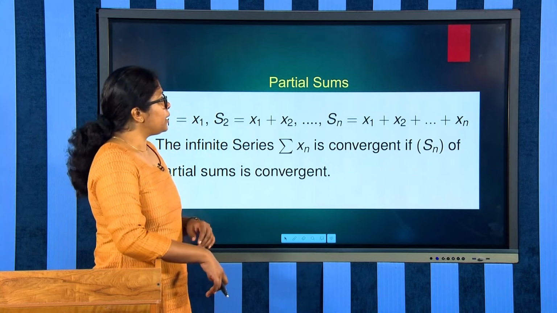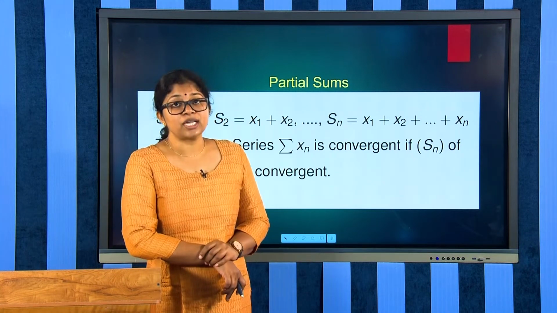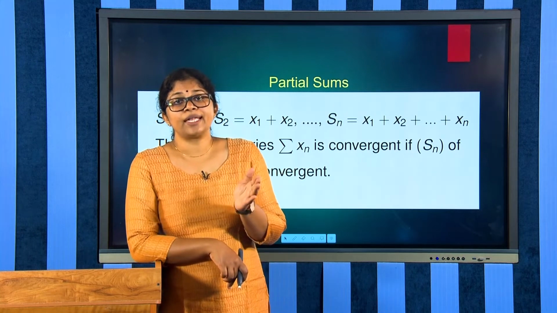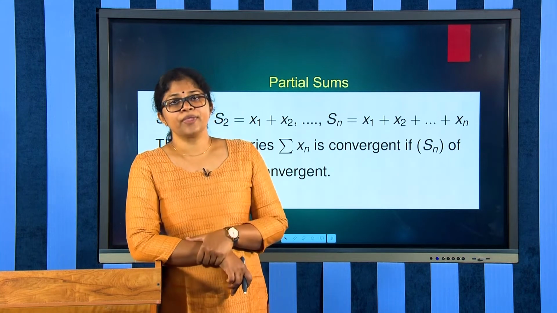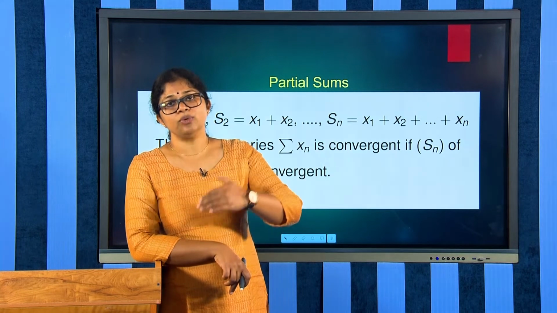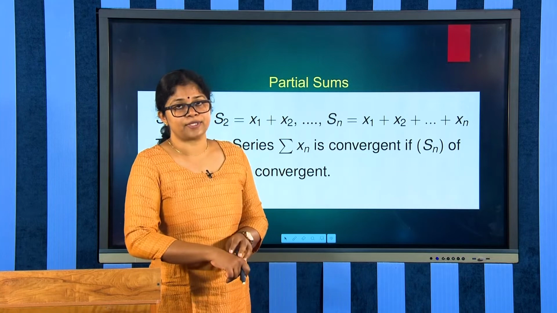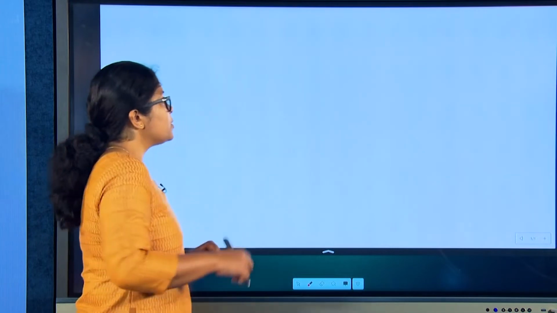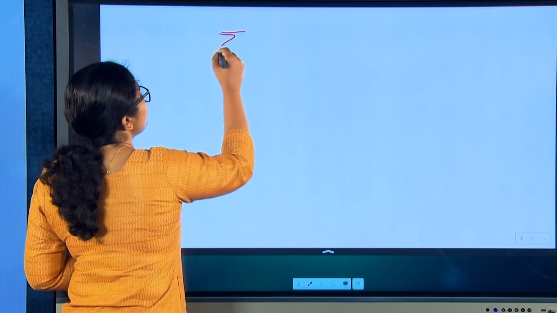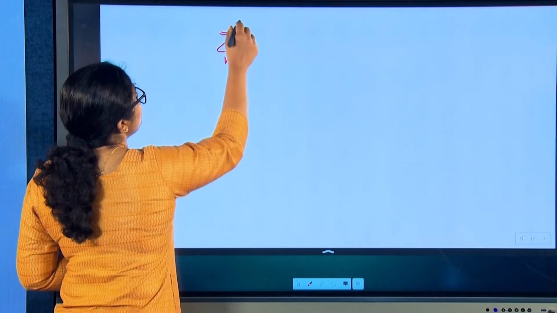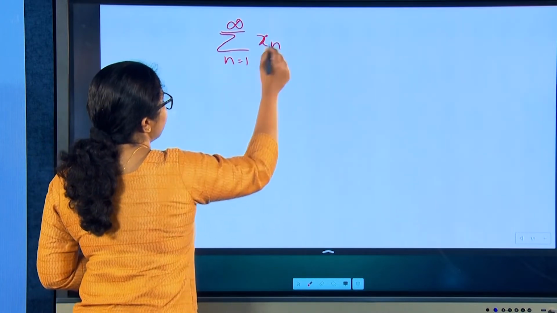There is something called partial sums. We are well familiar with the convergence and divergence of sequences, and we will extend that to series using partial sums. So, let us see what a partial sum of a given series is. Suppose we have a series of the form summation n equal to 1 to infinity of xn.